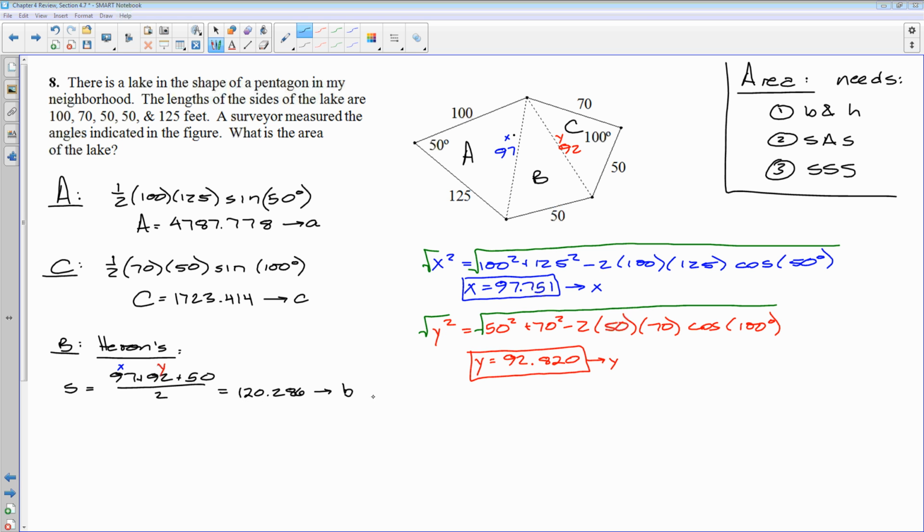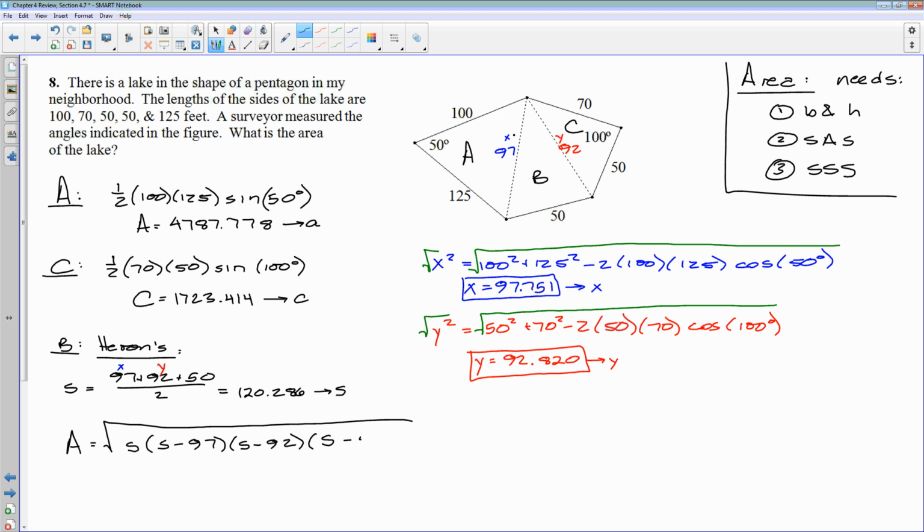So now that I know what that is, the formula for area is, and this is the long one, the square root of your S. Actually, I'm going to store that for S. I'm going to go back in my calculator real quick and store that for alpha S because that makes sense, because it's a semi-perimeter. And then to find the area, it's S times S minus each side length. So S minus the 97 times S minus the 92 times S minus the 50.